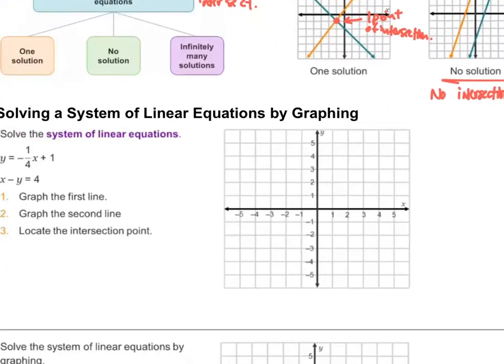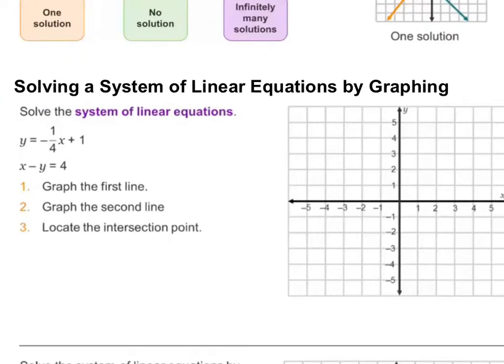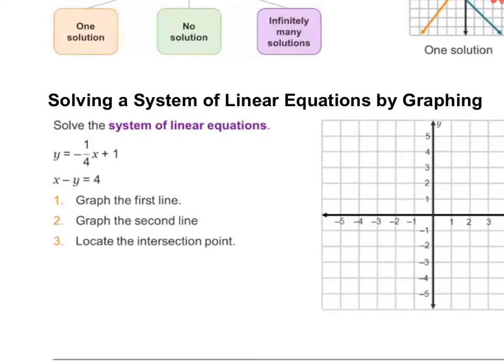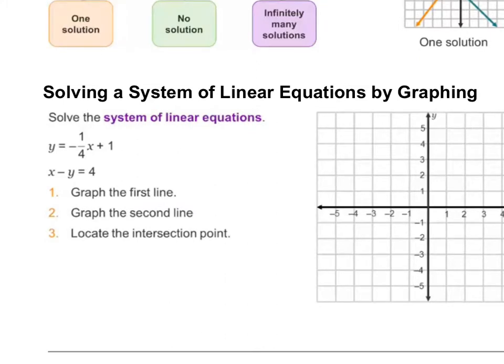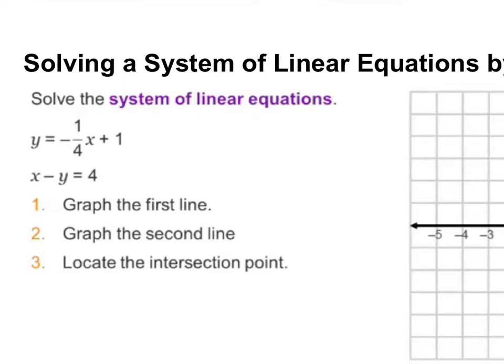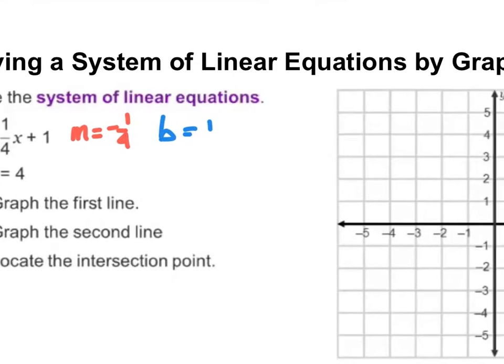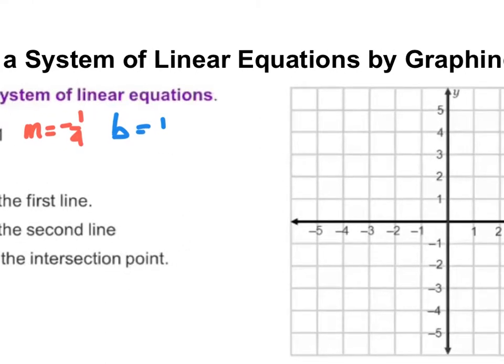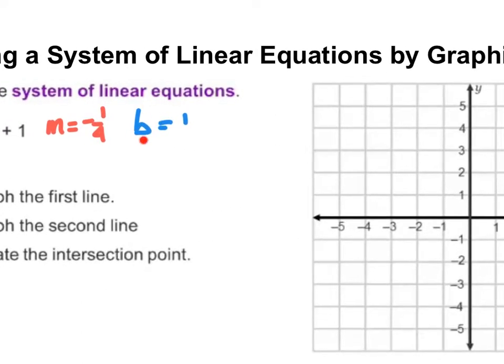So the first thing we want to do is just think about, how do we solve a system of linear equations by graphing, okay? And the first thing I want to do is just look at both of these and graph them on this equation here. Okay, I have a slope of negative 1/4, and I have a y-intercept of 1, okay? So my y-intercept of 1, this is my starting point, this value for b.